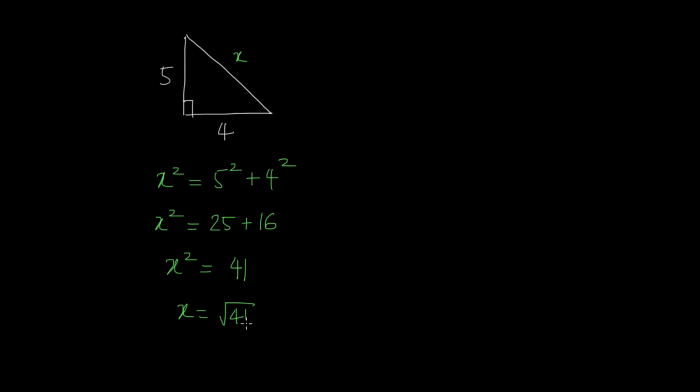So x squared would be equal to 5 squared plus 4 squared. x squared equals 5 squared, which is 25, and 4 squared, which is 16. x squared is 41. x would be the square root of 41, and since it's not a perfect square, we just leave it like that.